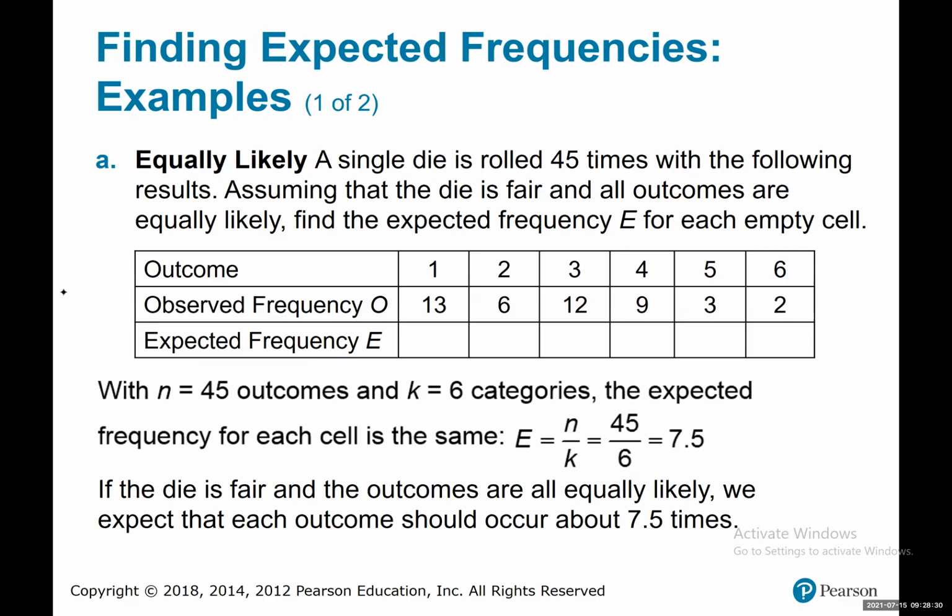So it's rolled 45 times. 45 is a number that is not exactly divisible by 6. Let's say if it was 42 times. If you're rolling a die 42 times, how many times are you expecting to see 1? How many times are you expecting to see 2?